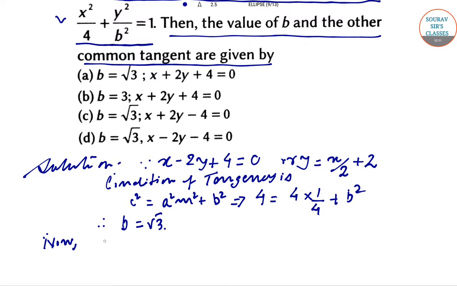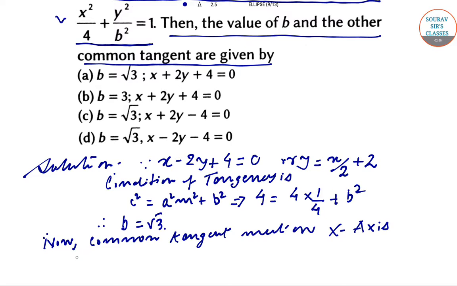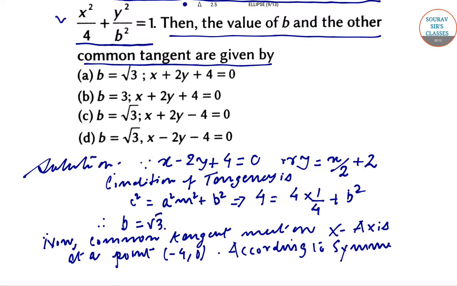Now common tangent meet on x axis at a point, according to symmetry, other common tangent.